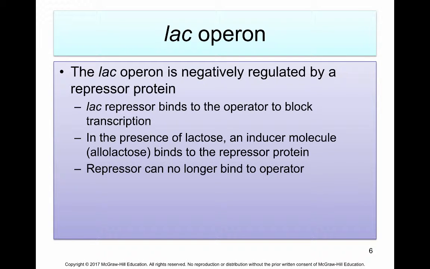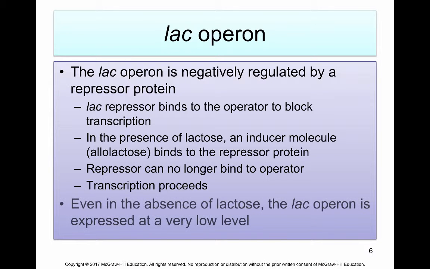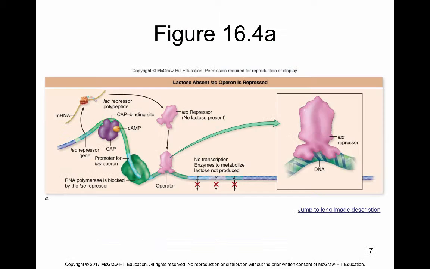When the inducer binds to the repressor, that repressor gets shut off. It cannot bind to the operator. And if the repressor is not bound, then RNA polymerase can go ahead with transcription. So the lac operon, again, is a negative control operon, but it is an inducible operon because of that inducer molecule, allolactose, that binds to the repressor, turning the repressor off, allowing the operon to be transcribed.